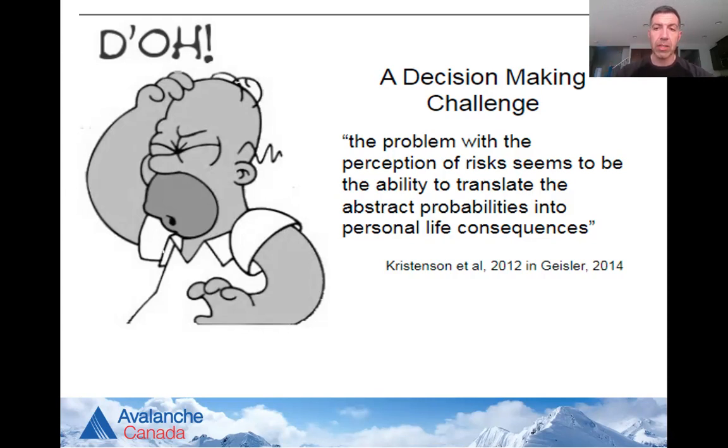You know it's a possibility, but being able to run the consequences and the aftermath through your mind, it's almost a kind of "it'll be okay, it won't happen." Unfortunately, it does happen, and you all know it happens. Every year in the backcountry, at least 20 to 30 people die in North America.